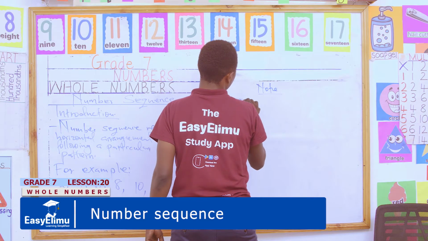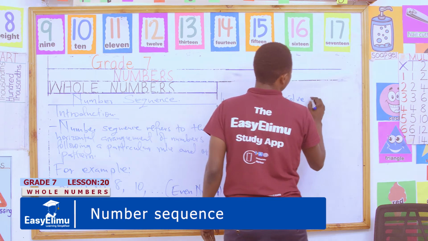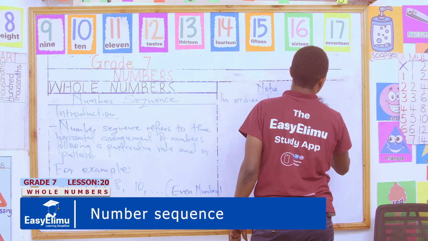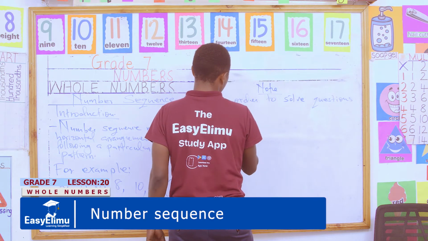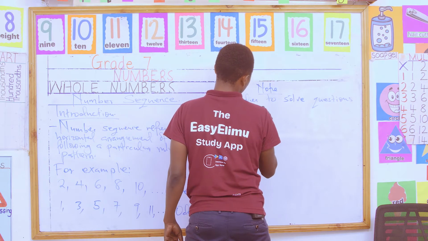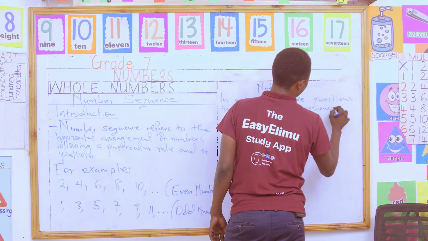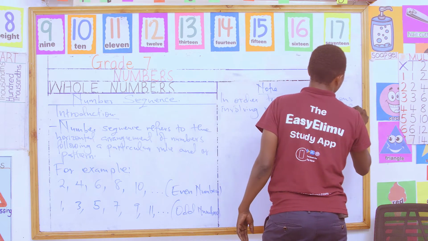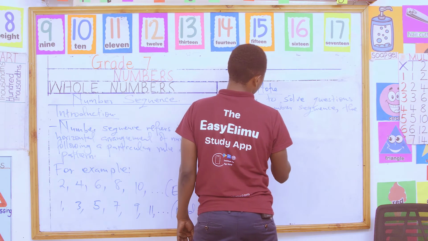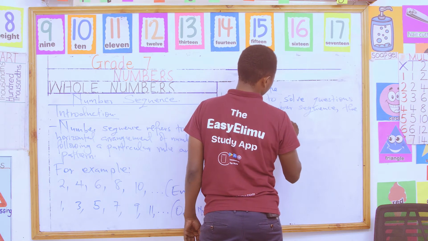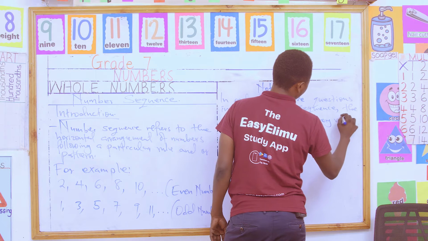in order to solve questions involving number sequence, the rule and or pattern is very vital.